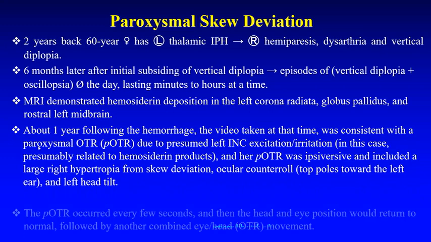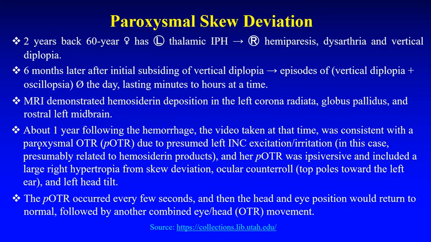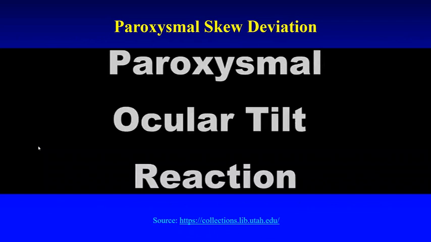The POTR occurred every few seconds, and then the head and eye position would return to normal, followed by another combined eye-head OTR movement. This is another collection of Daniel Gold's NOVEL library.